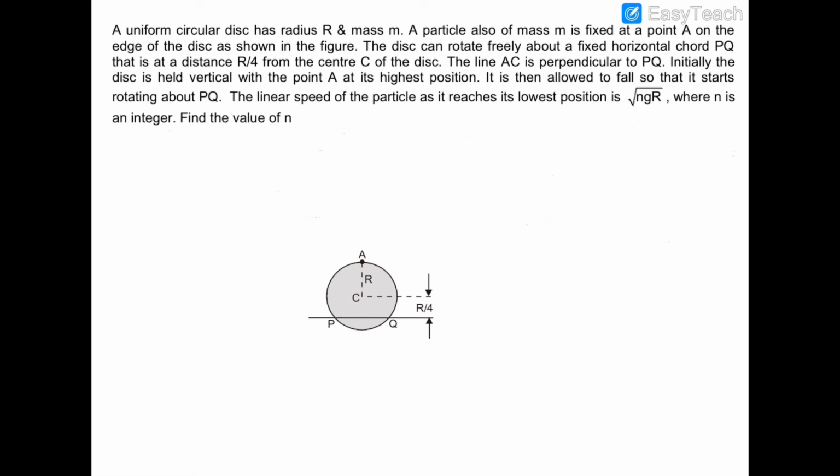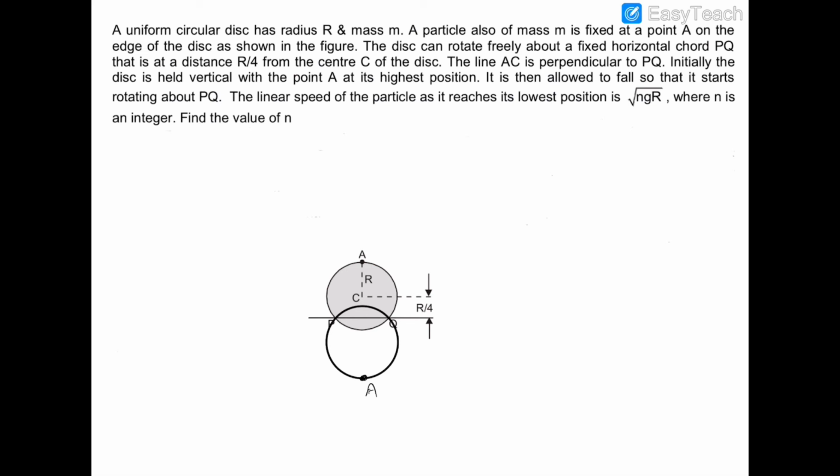So let us draw that diagram in which this point A would be at the lowest point. So let us suppose that this is the case in which the point A would be at the lowest position, and obviously we can easily sense that we have to conserve the energy and we have to find out the velocities.